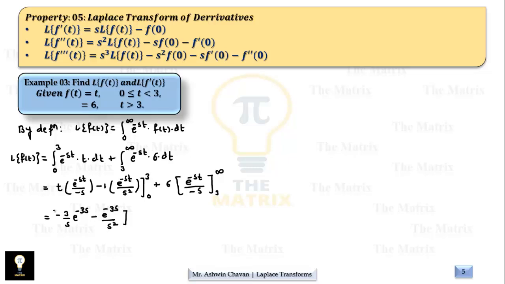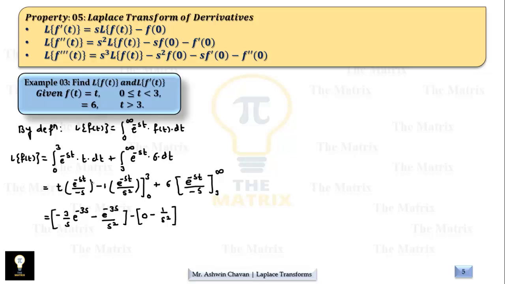This is the upper limit value for the first term, minus the lower limit: put t equal to 0, so the first term gives us 0 because of multiplication by t, minus, when we put t equal to 0, e raised to 0 is 1, so 1 upon s square.